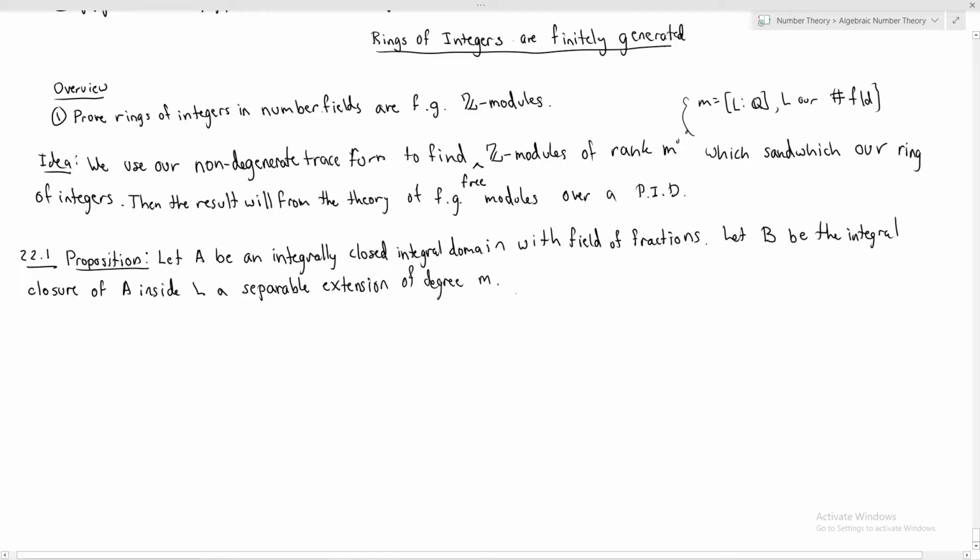Okay. And then the result is that there exist A-submodules, let's say M and M prime contained in L, each free of rank m, such that we sandwich B: M is contained in B is contained in M prime.